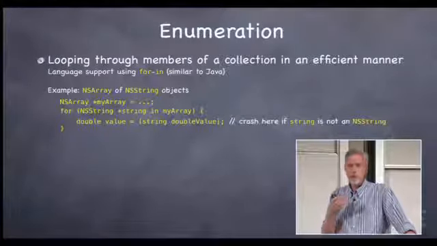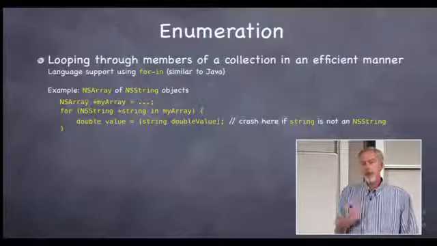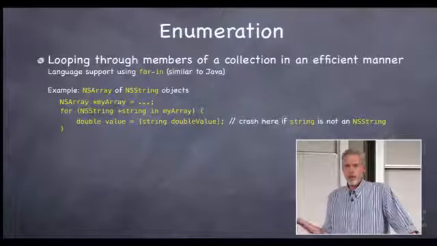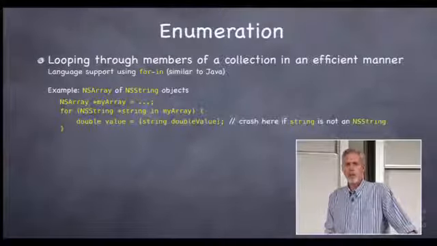I could declare string outside of the loop, but usually we do it right here inline. For string in myArray, and then inside the curly braces, the variable string will have the next item in the array. So it's just a for loop iterating through, enumerating each of the items in the array. Every time through, this is going to ask the next object in the array, what's your double value, for example. Okay, make sense?